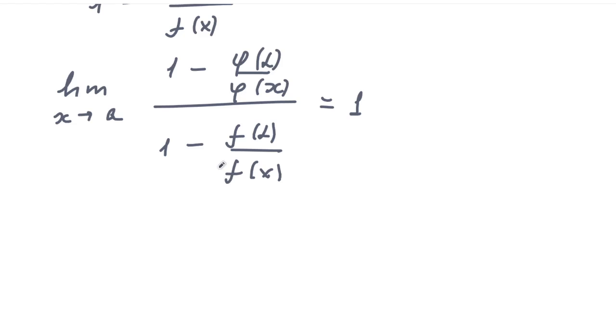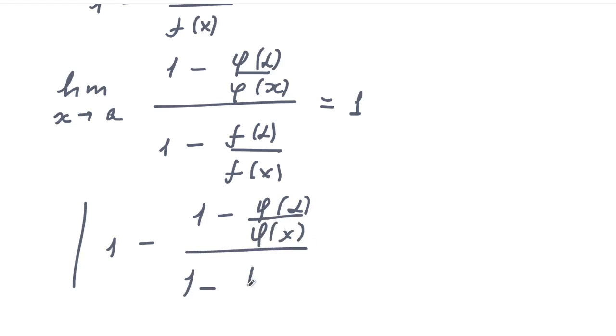And consequently, for the earlier chosen epsilon greater than 0, for x sufficiently close to A, we will have the modulus of 1 minus this ratio is less than epsilon.